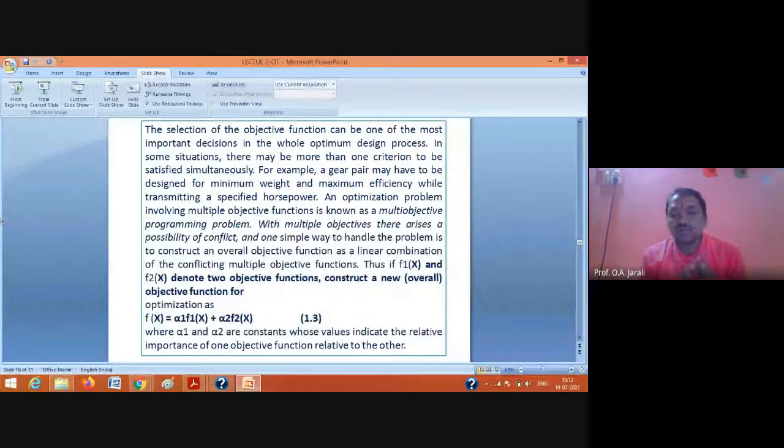So there should be proper strength, and also it should be light in weight. You cannot compromise on size, so it should be of the required size and shape, but light in weight with proper strength. Then you have to again consider the material. So for different factors or different variables, you can design for different objective functions, and at the end you can combine all these objective functions as a linear function.